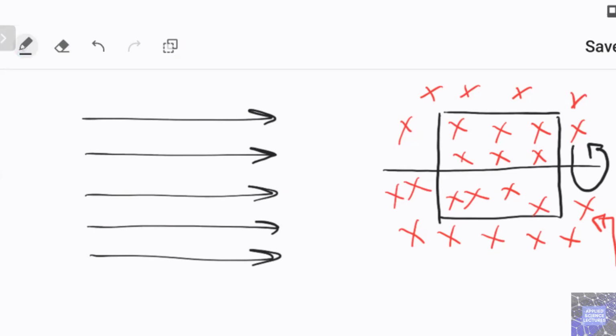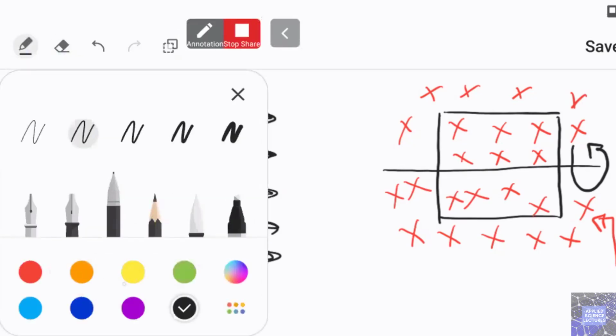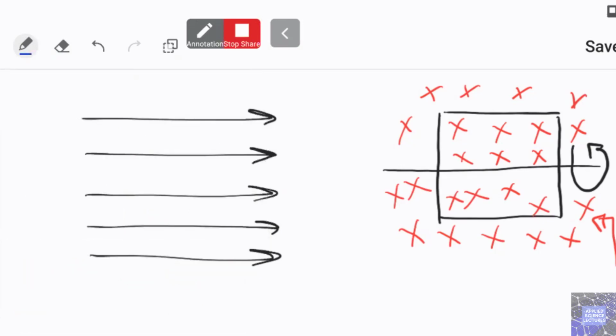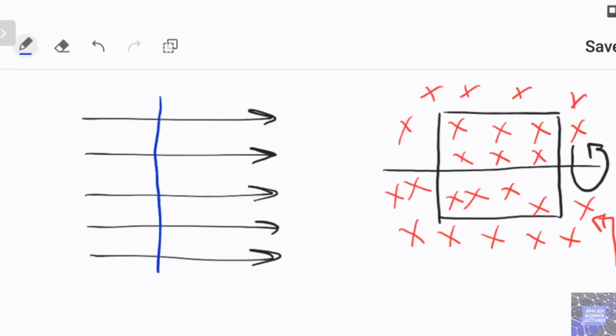I will only see one side of the loop, so let me draw the loop. So the loop is going to look like this, or the coil.